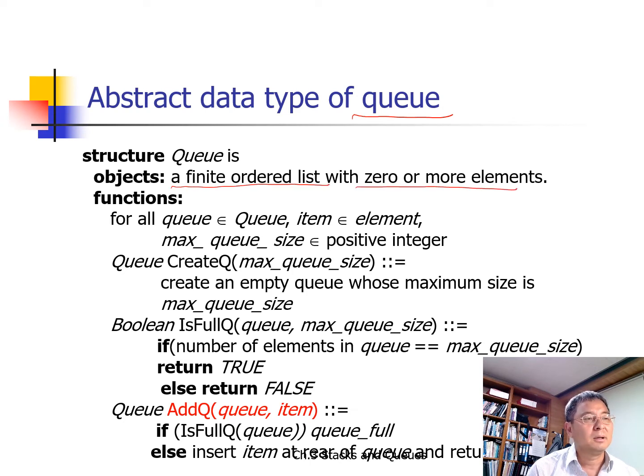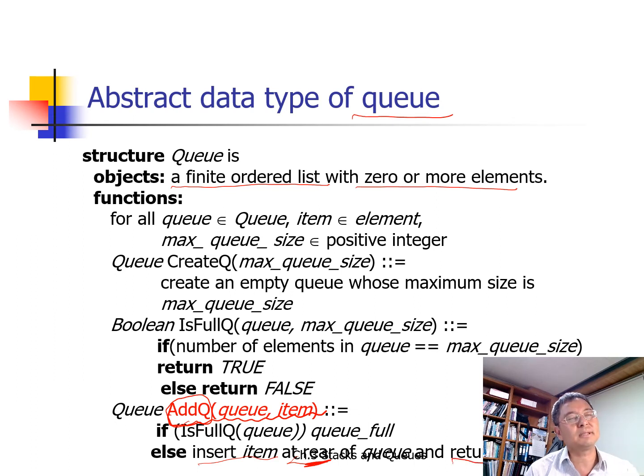But its functions or operations are different from a stack. The add queue operation inserts one data item into the queue, at the rear of the queue, and returns the queue.